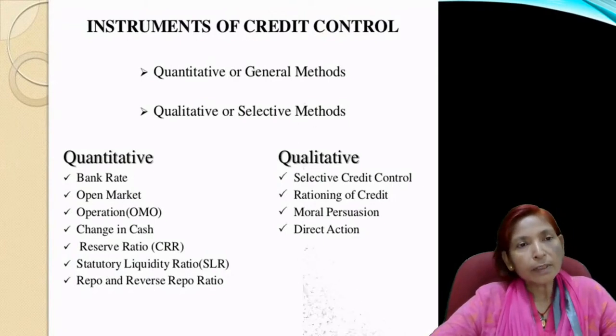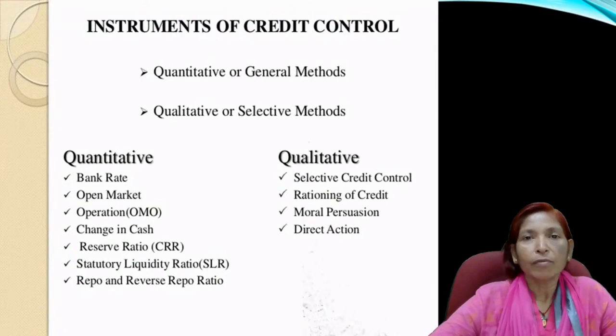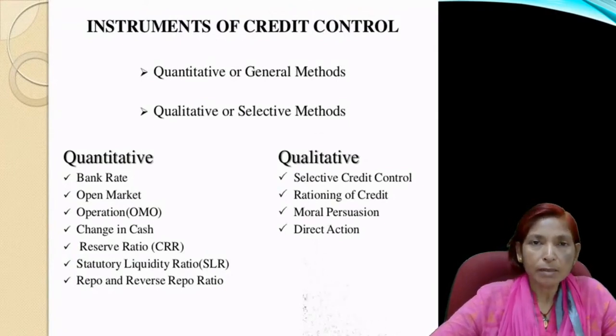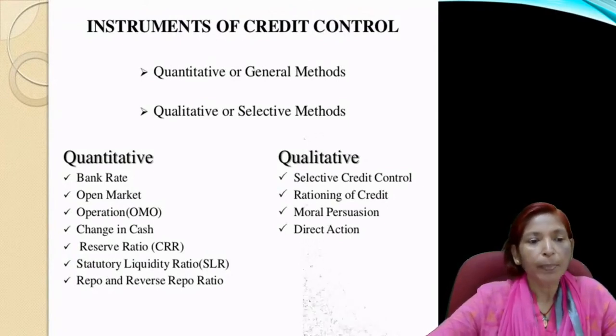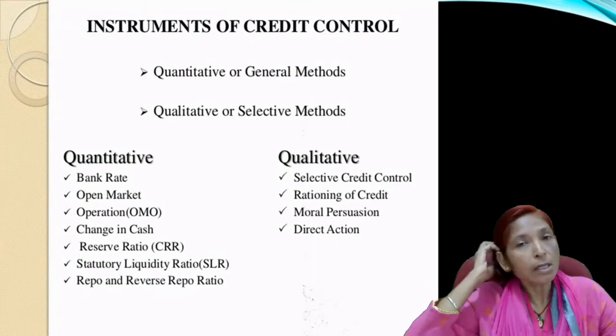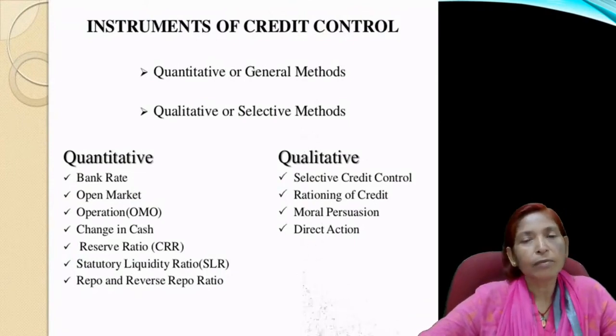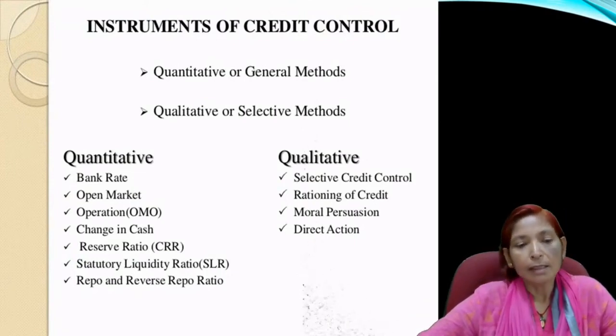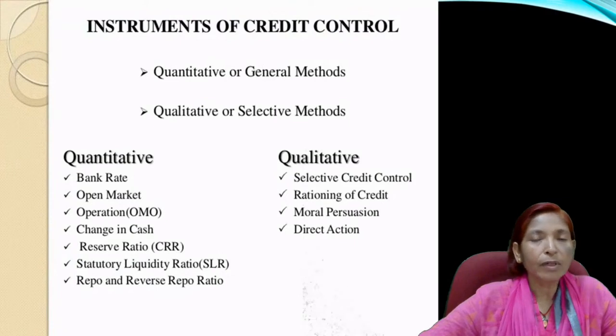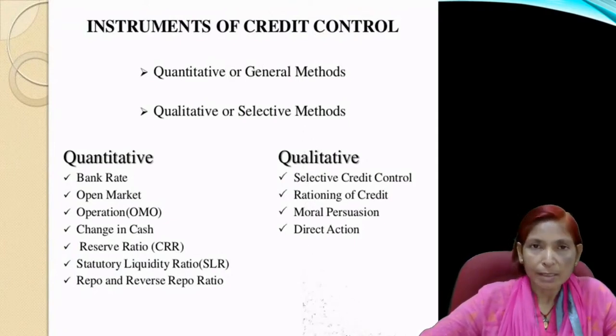In quantitative instruments of credit control, we can take bank rate, open market operations, cash reserve ratio, known in short form as CRR, statutory liquidity ratio, which is called SLR, and repo rate and reverse repo rate. All these points are included in quantitative credit control instruments.